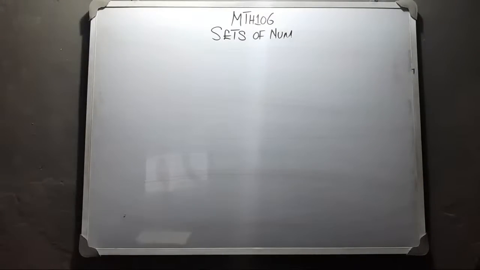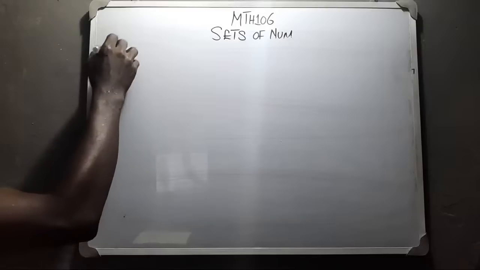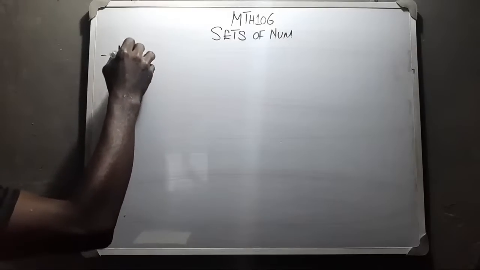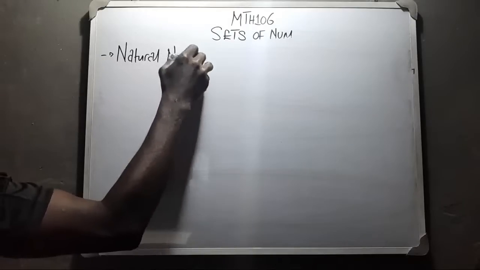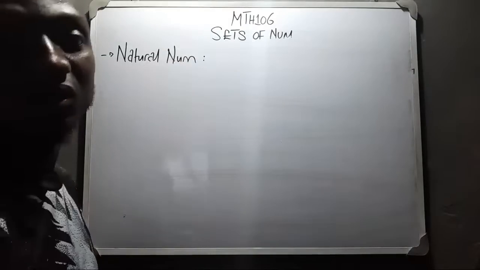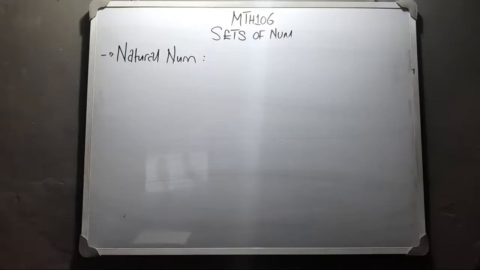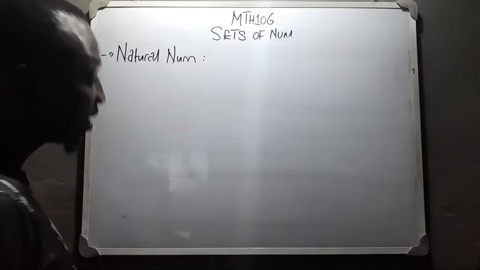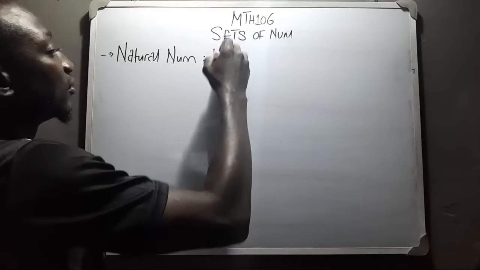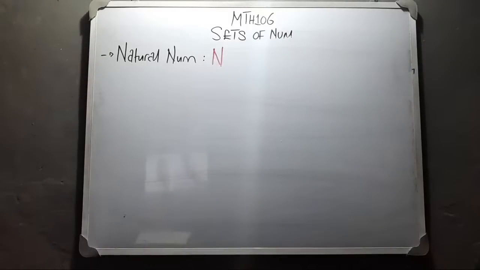Now let's talk about natural numbers. All right, natural numbers are denoted by N, just like we have Q for rational numbers.